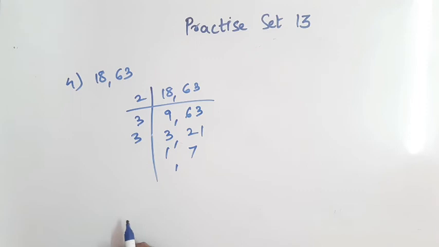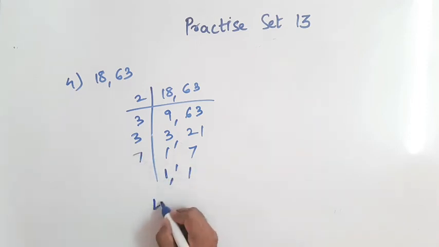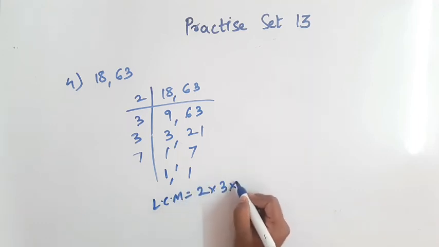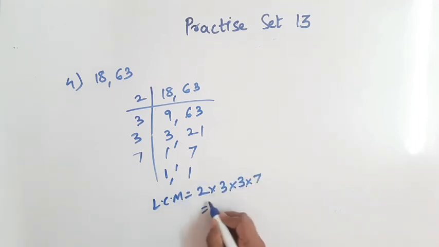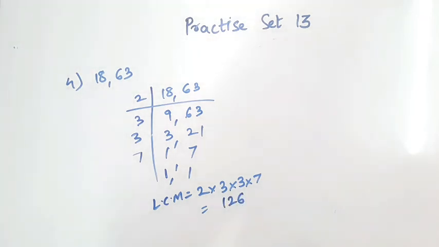Which number I'll take now? 7. 7 1s are 7, 7 1s are 7. So our LCM is 2 into 3 into 3 into 7. 2 3s are 6, 6 3s are 18, 18 7s are. What is 18 7s are? It is 126.